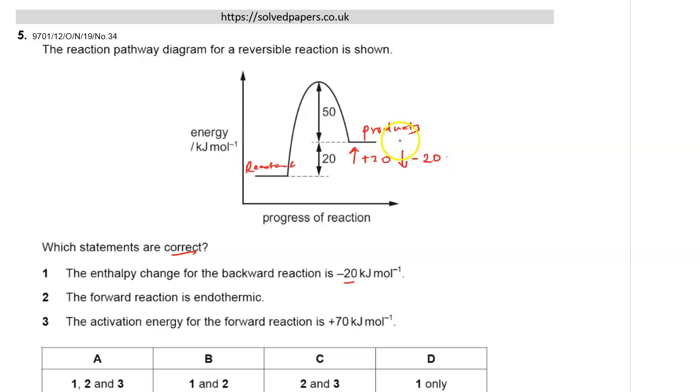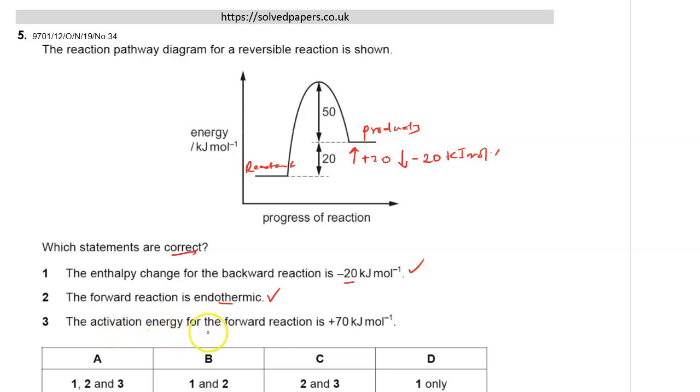To get from products to reactants, an energy equivalent to minus 20 will be given out per mole. So this is correct. The forward reaction is endothermic. This is of course correct because you can see the products are at a higher energy compared to reactants. So this is plus 20 going to the products. So this is endothermic, it's correct.